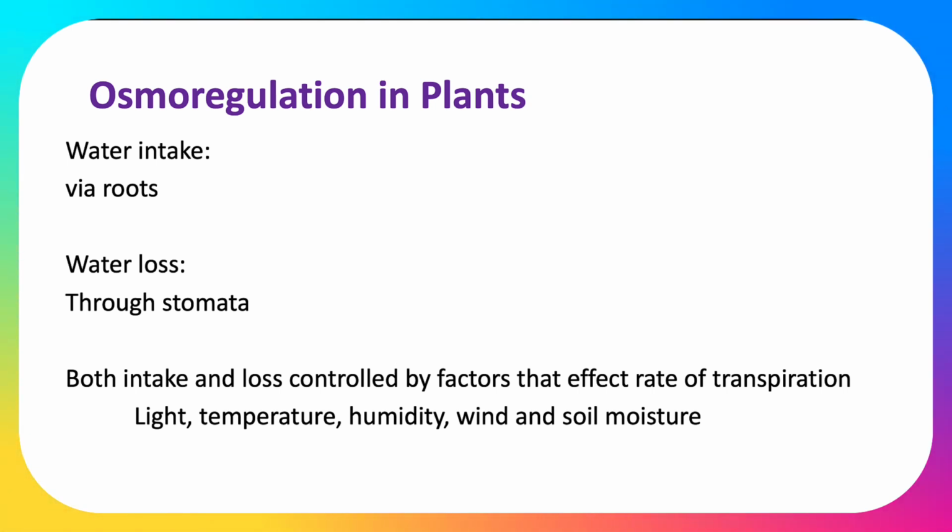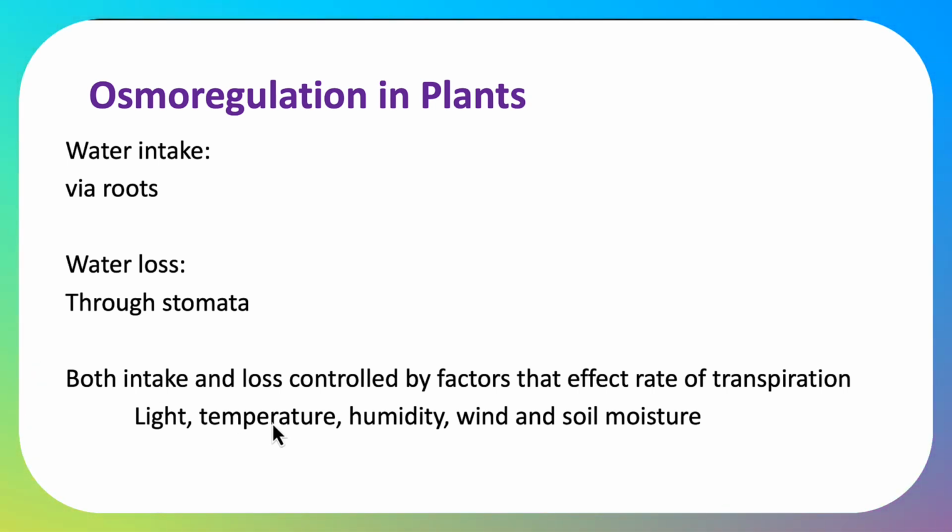One of the other syllabus objectives was to look at how different factors can affect the rate of transpiration. Light: when there's high light, there's more transpiration, because when there's more light, there's more photosynthesis, and that requires gas exchange. High temperatures, there's greater gas exchange.